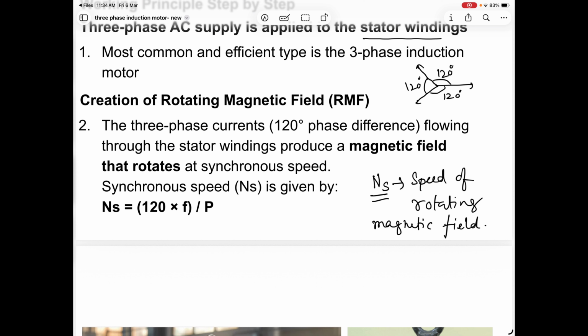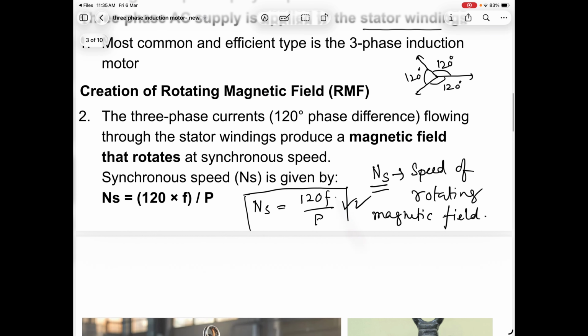And mathematically, this synchronous speed is equal to 120 F by P. Why 120? Because the phase difference between the two currents is 120 degrees. F is the supply frequency, P is the number of poles, so N is the synchronous speed, equal to 120 F by P. In numericals, we often use this formula because it is very important.